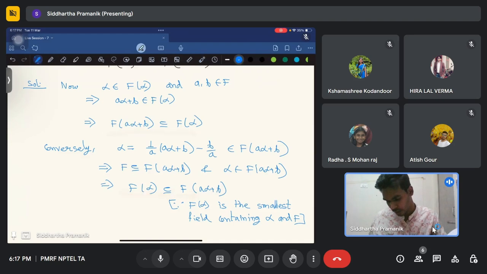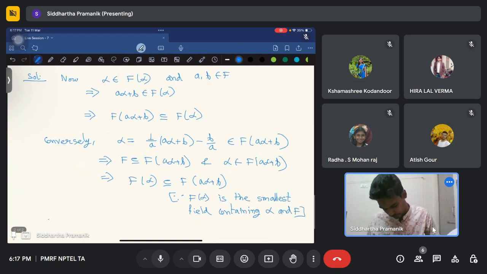From this we can conclude the result. F(A alpha plus B) is the same as F(alpha).